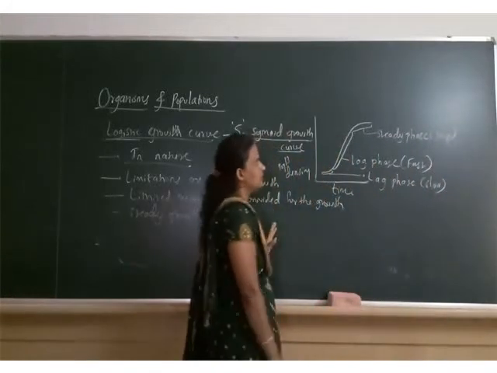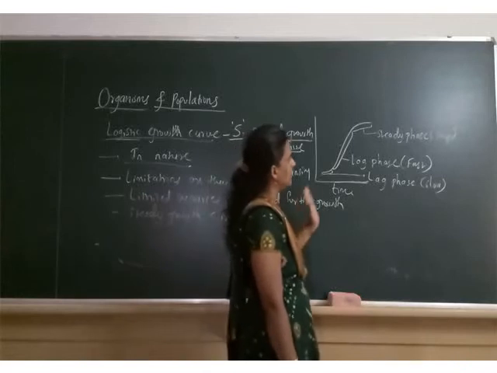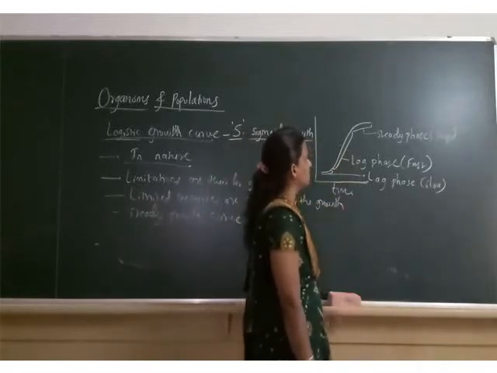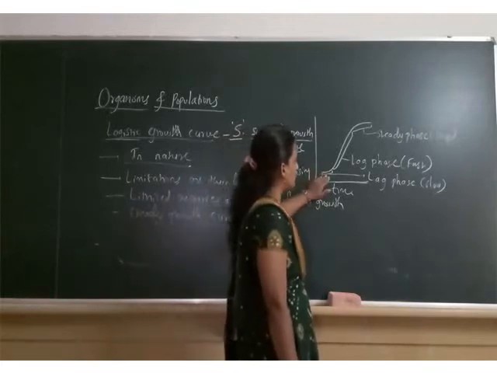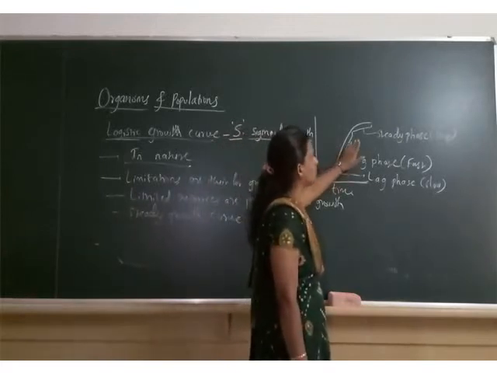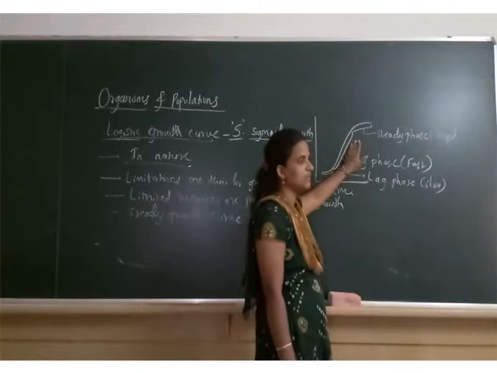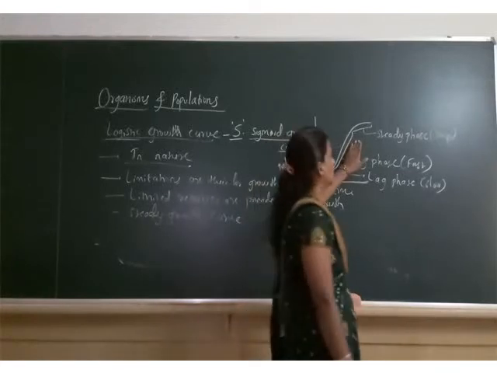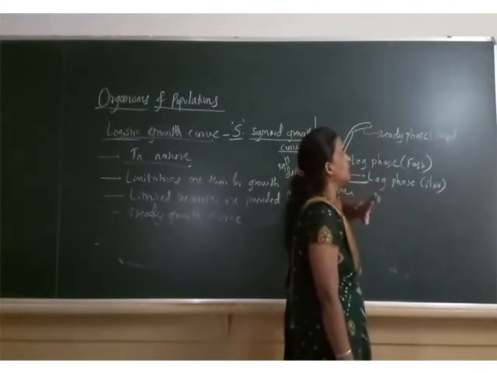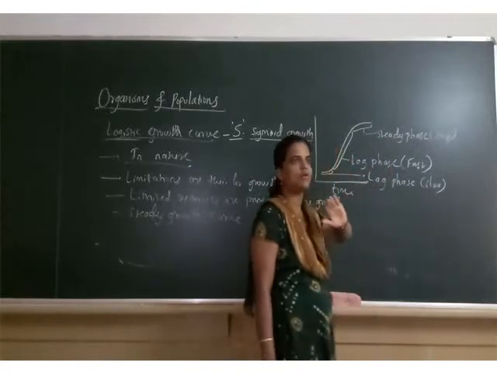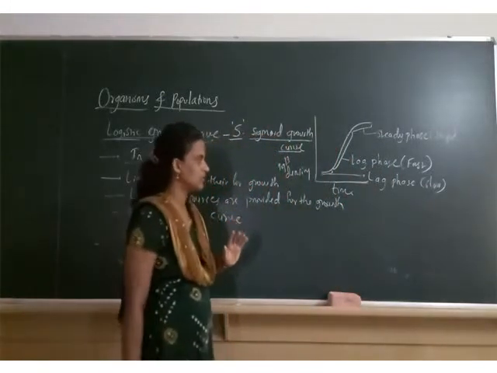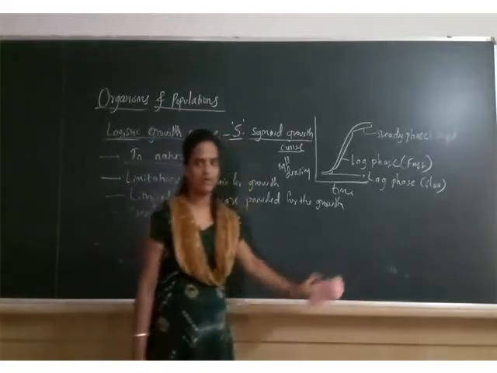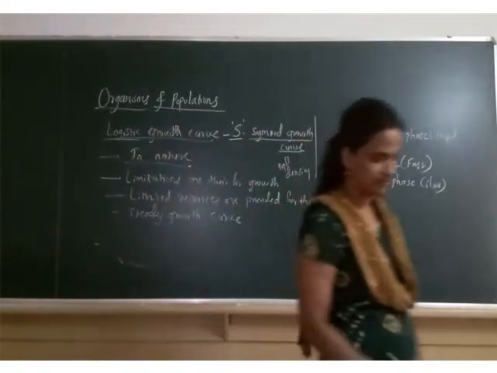There are three important characteristics we can see in the S shape. First, growth starts slowly. Next, it goes fast because of the resources. And next, again it goes steady or stops because of limited resources for growth. Like this growth takes place.